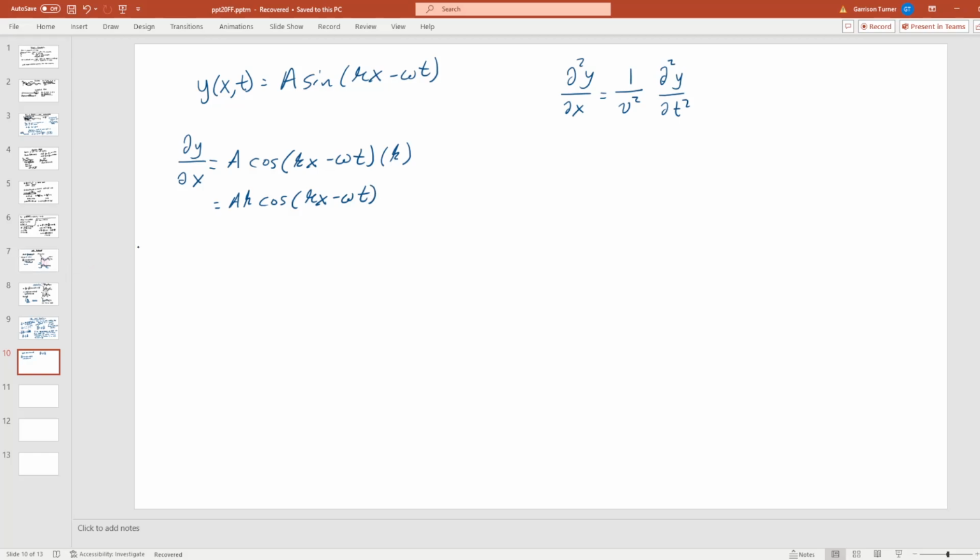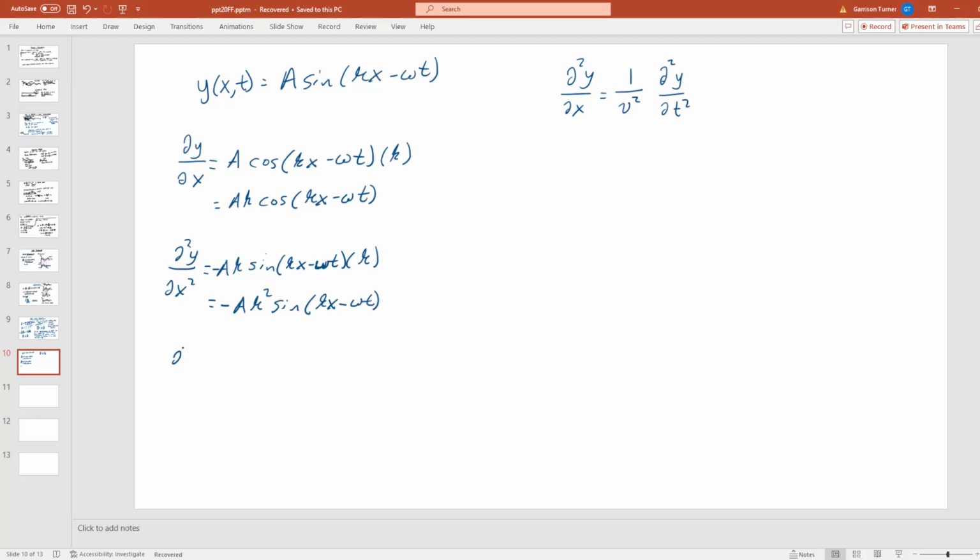The second derivative is a times k, and the derivative of cosine is negative sine of kx minus omega t. Once again I get a k, so pulling it out front, it becomes negative a k squared times sine of kx minus omega t.